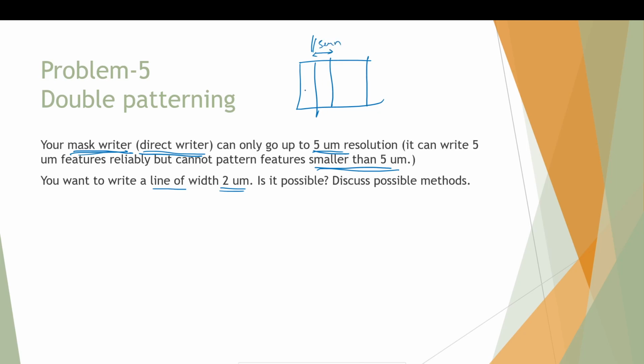It cannot go lesser than 5 microns. But this is just a mask. On my wafer, I want the line width to be 2 microns. So can you tell me some ways in which we can do this? Anyone wants to take a guess? A lot of methods were suggested in class, I think.